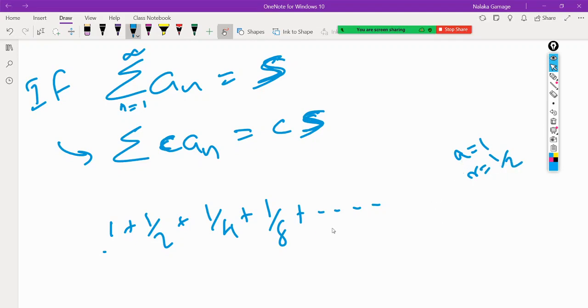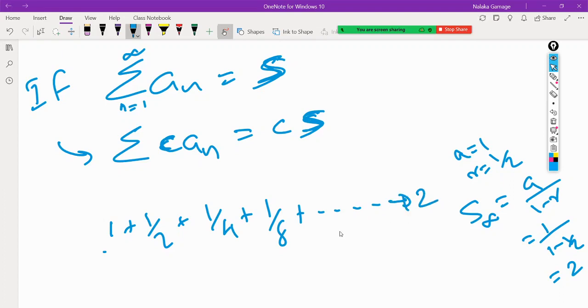We know that this is convergent because R is between minus 1 and plus 1, and we know that S infinity is A divided by 1 minus R, that is 1 divided by 1 minus half, that is 2. So this value is limiting to 2. The further you go, the closer you get to 2.